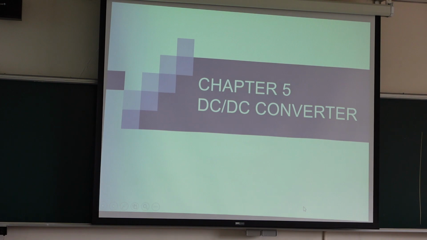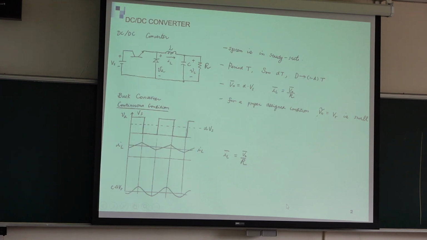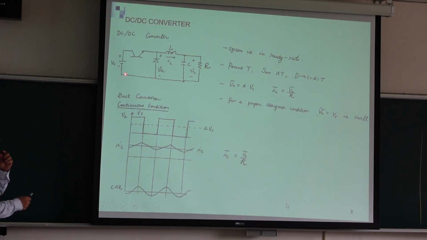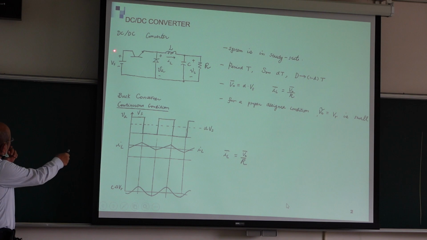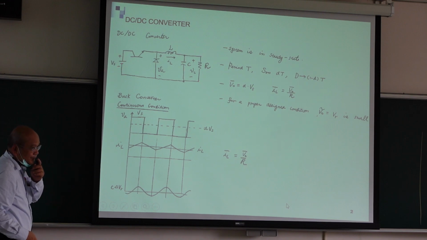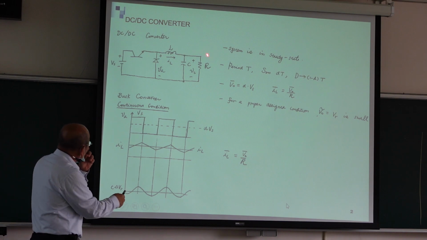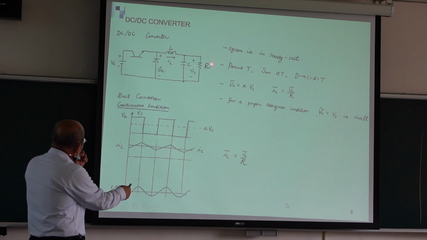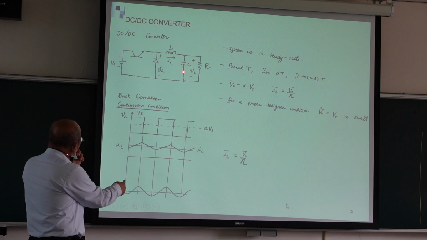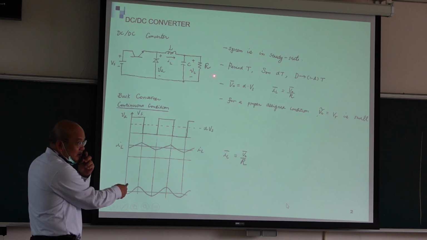So now I will go back to the fundamental ideas of the DC to DC buck converter. So what is a DC to DC buck converter? We need input voltage, DC. We need output voltage. Because of the output voltage, we have to remove voltage ripple. What can we do? We have to add a capacitor, right?